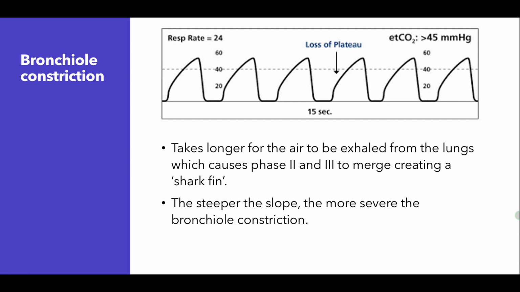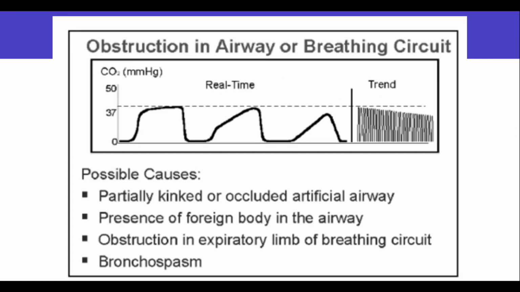So, bronchial constriction. Essentially, it takes longer for the air to be exhaled from the lungs, which causes phase 2 and phase 3 to merge, creating a shark fin. The steeper the slope, the more severe the bronchial constriction. So asthma, COPD. Another cause in the increase in slope of the waveform is a partially kinked or occluded artificial airway.